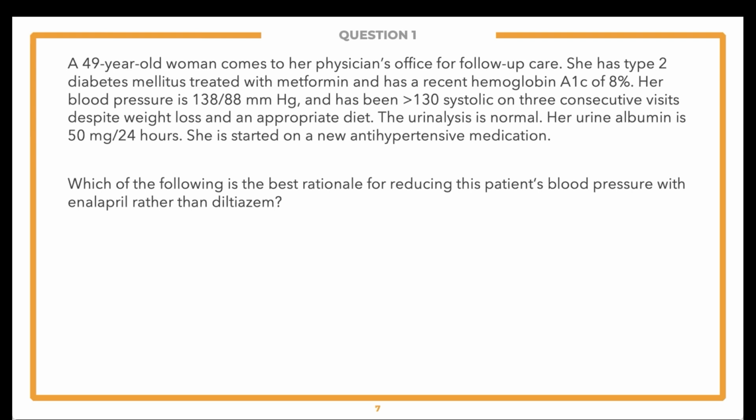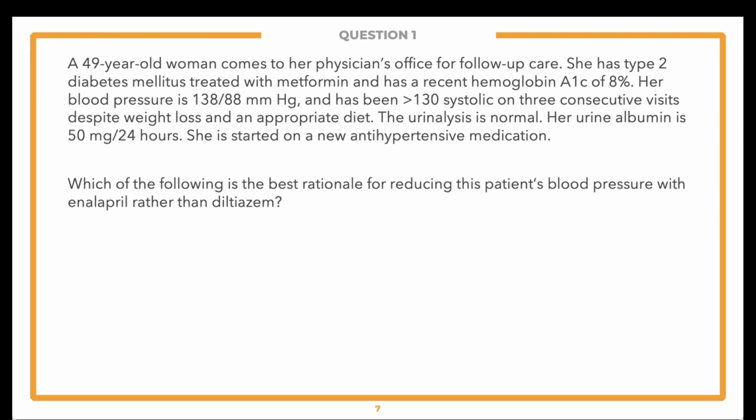Step number 2 is we read the lead-in first. The lead-in is the actual question. It's the last bit here. And this is crucial because once you have the question down, once you fully understand it, it tells you what information you should be hunting for in the vignette, right?